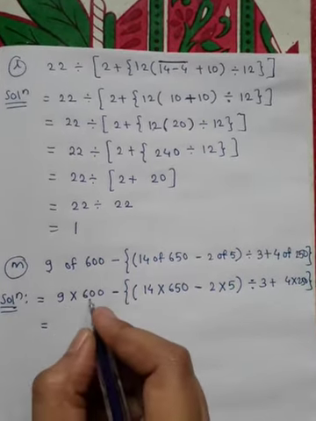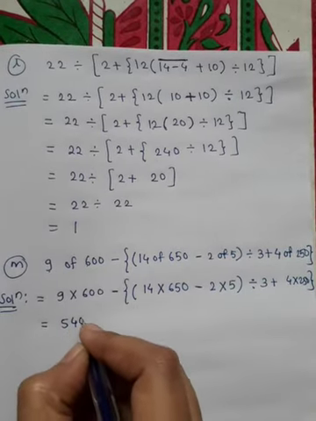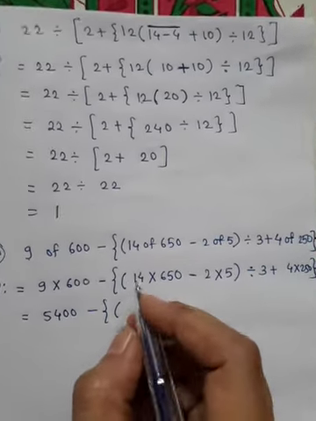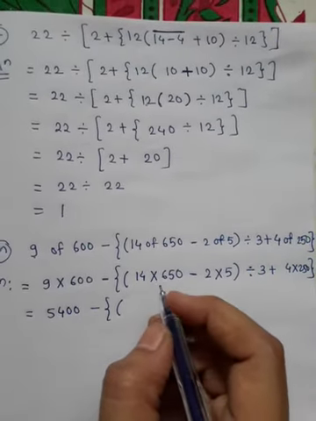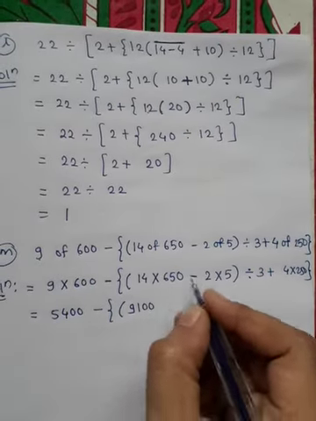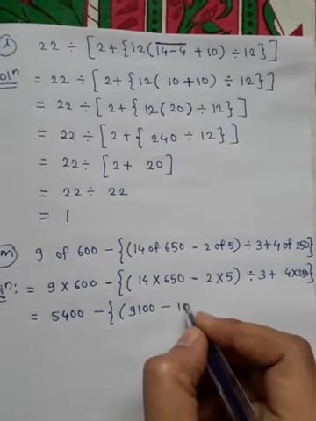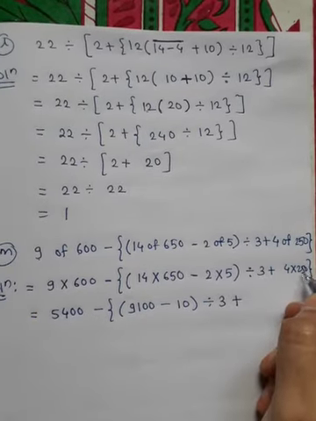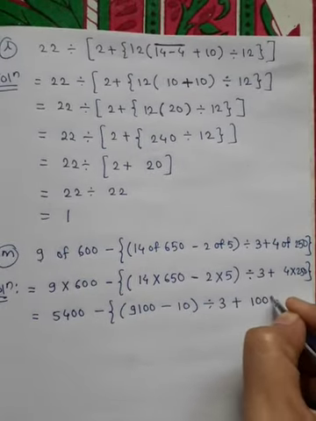Okay, so 9 into 600 means 5400, minus in curly bracket round bracket 14 into 650 means 9100, minus 5 into 2 means 10, divided by 3, plus 4 into 250 means 1000.